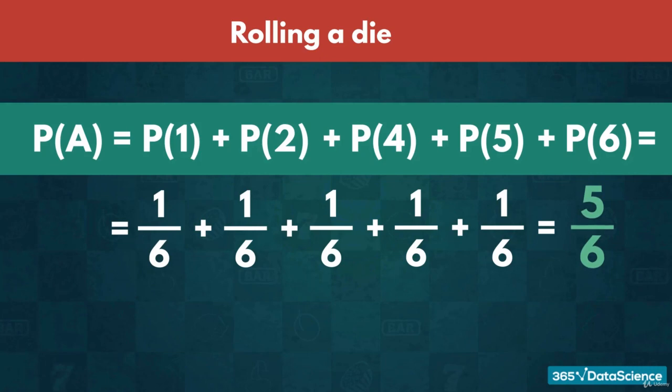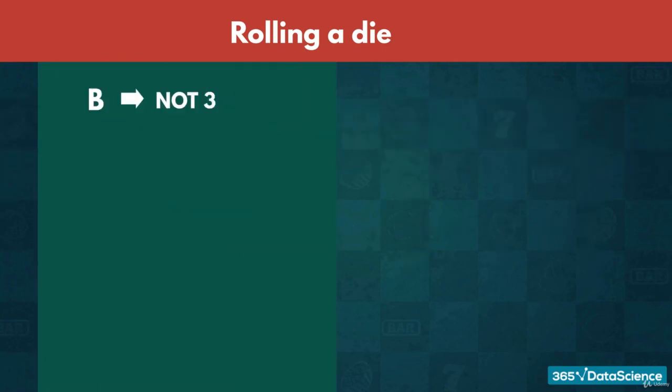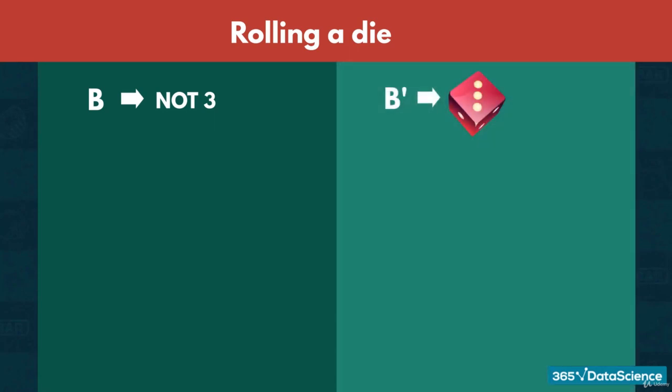Now, another way of describing getting 1, 2, 4, 5, or 6 is not getting a 3. Let us calculate the probability of not getting a 3. This is the complement of getting a 3. So, we know that the 2 should add up to 1. Therefore, the probability of not getting a 3 equals 1 minus the probability of getting a 3.